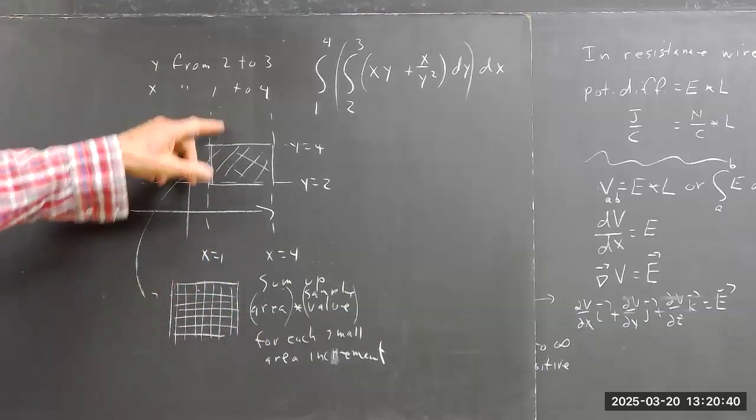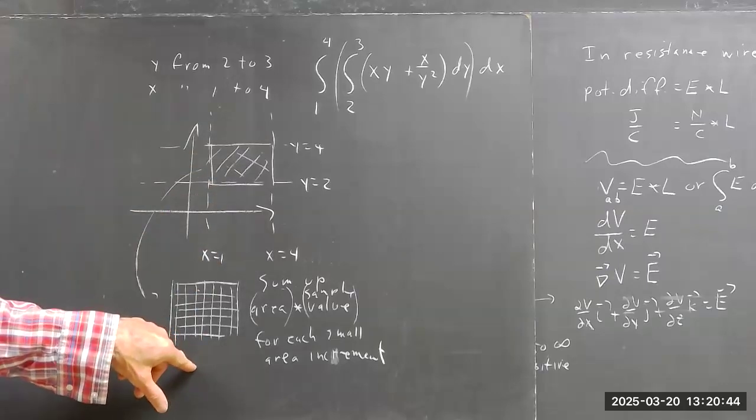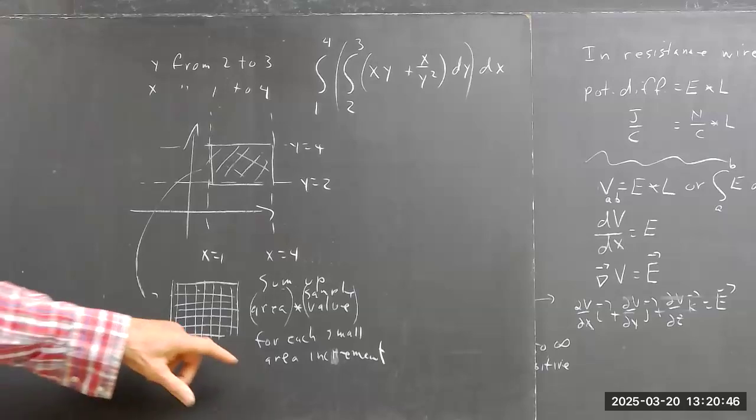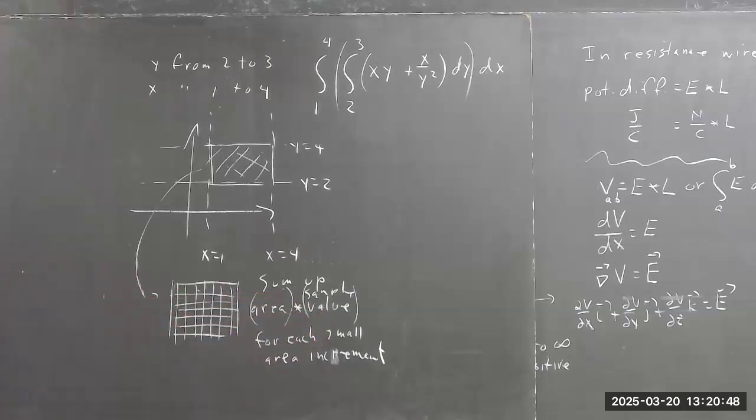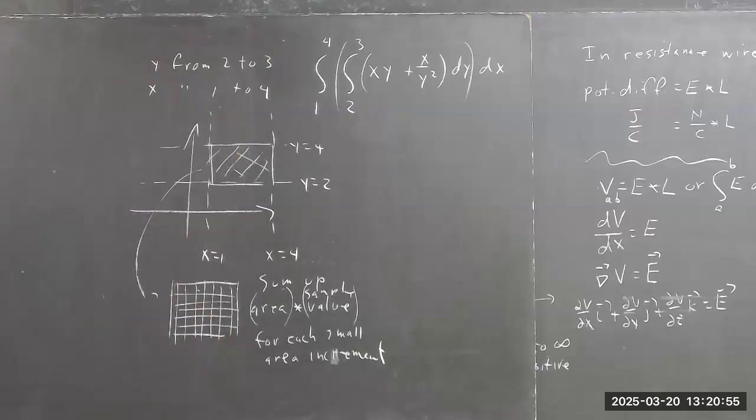Okay. But do we understand this picture, this idea? We're adding up area times sample value. We take a dartboard, first dart that hits in the thing, that's where we evaluate the function.